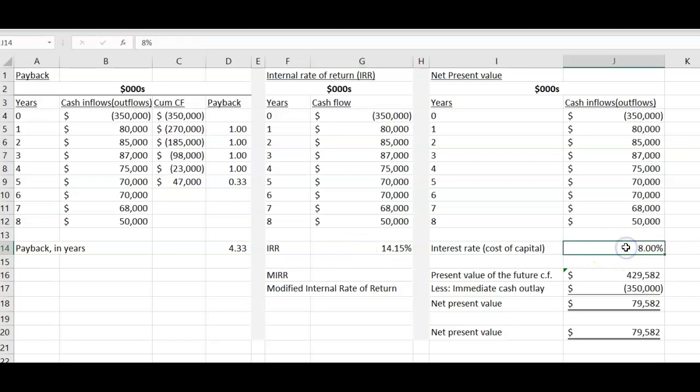Well, let's prove that. Let's make this that number and watch what happens to net present value. As soon as I do that, net present value becomes 0. Okay, so that's what internal rate of return does. It calculates the NPV and forces the rate so that NPV would be equal to 0. Now, I'm going to put this back.